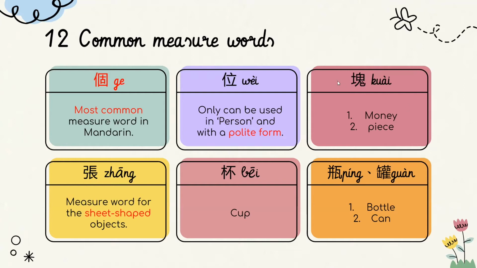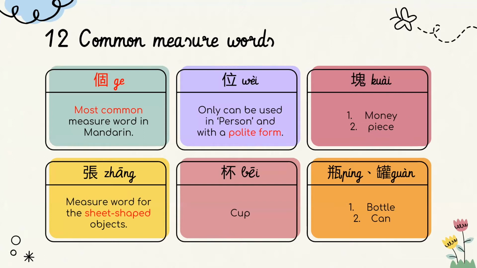And the third one, 块, is a measure word we use for money or for a piece. For example, if you want to say $3, for any kind of money, it generates the unit for the money.